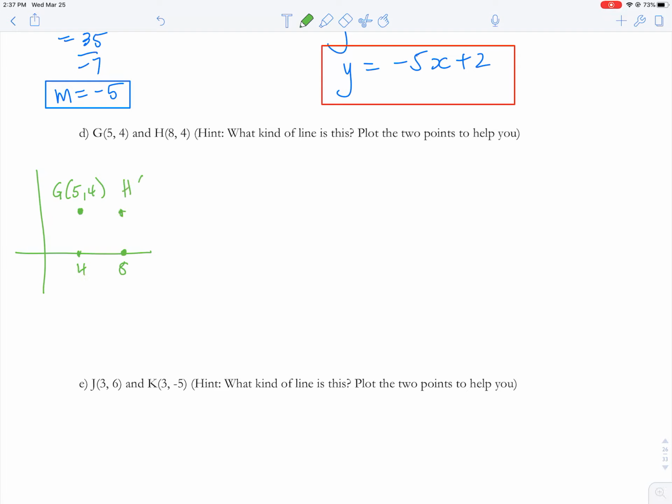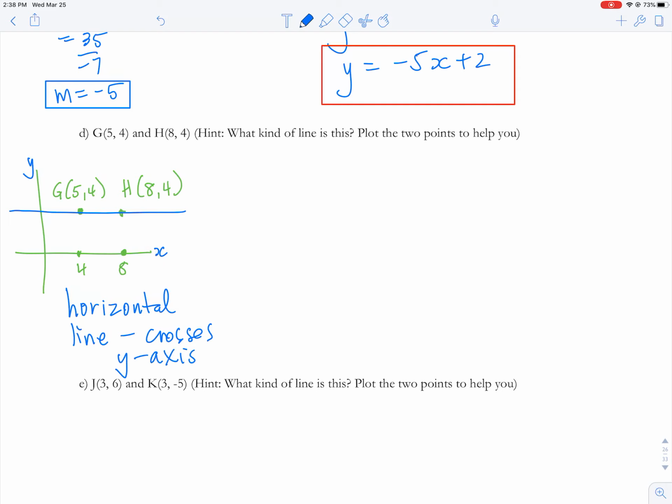So H is going to be 8 across and 4 up. If I were to sketch the line through those points, it's going to be a horizontal line that crosses the y-axis.